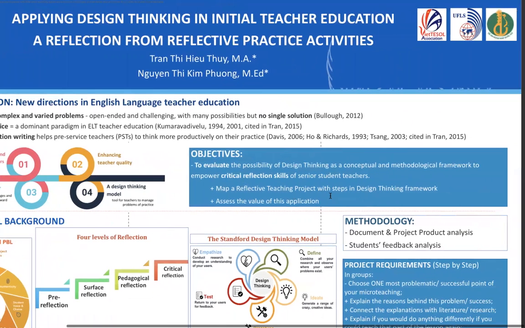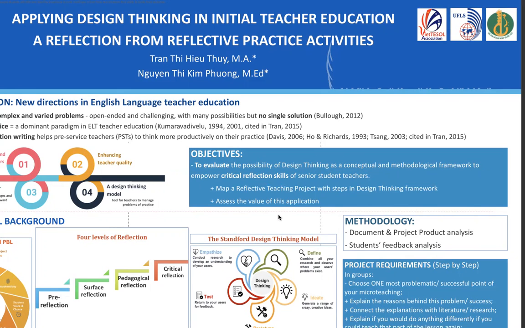So with this particular study, we look into the use of design thinking as a conceptual and methodological framework to empower critical reflection skills of senior student teachers. And more specifically, these are the senior student teachers at the Faculty of English Language Teacher Education in University of Languages and International Studies.